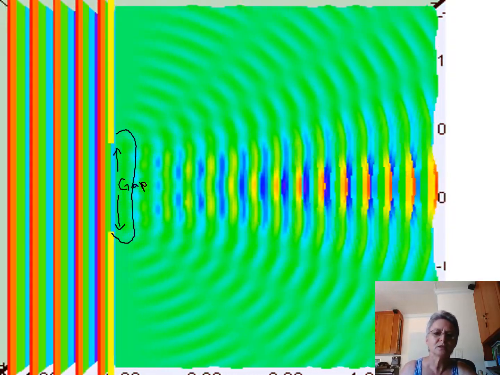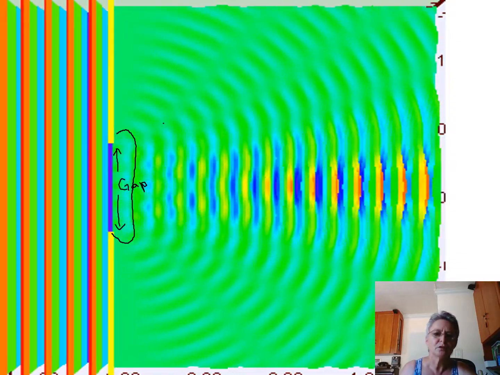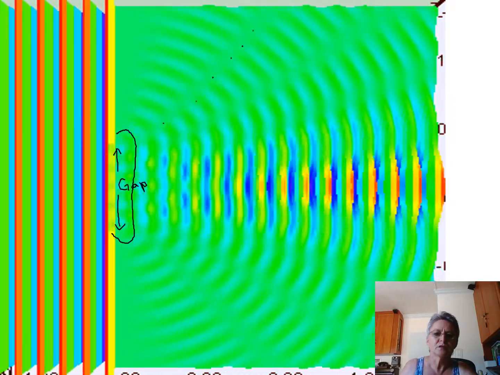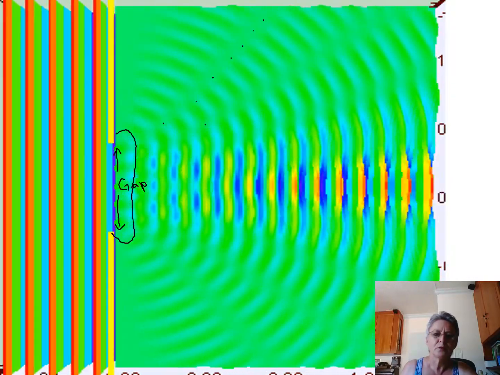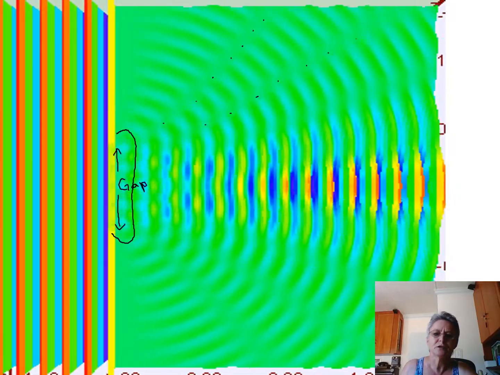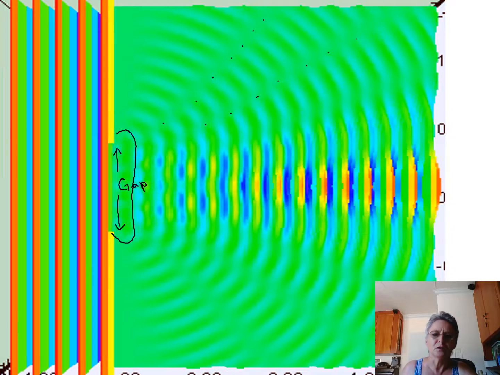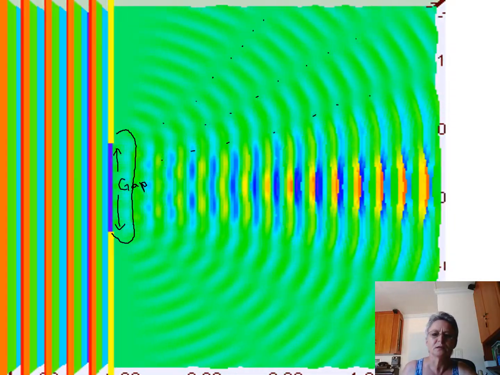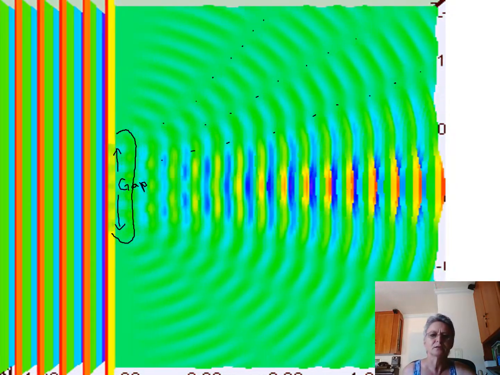And you also see in this demonstration the little points of zero disturbance. So that illustrates the points of nodal lines, and that diffraction is actually an interference formed by the interference between the little wavelets, like Higgins explained.